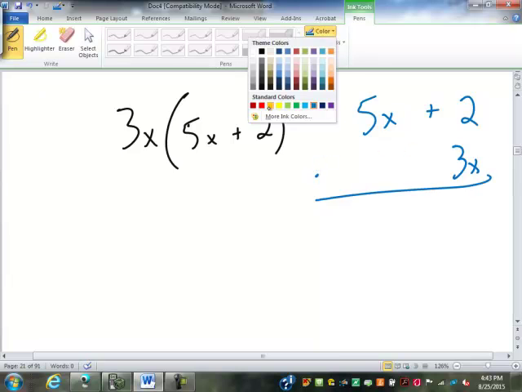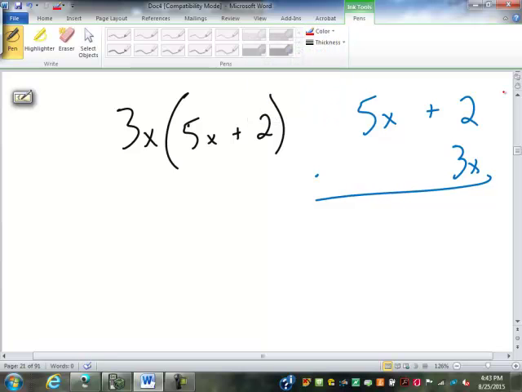No, because when I multiply, I do not need the same name. 3x times 2, 6x. It's positive, so I'm going to put a plus in front of it. So plus 6x. 3x times 5x is 15x squared. X times x is x squared. So you can see here when I wrote out our multiplication before with whole numbers using the place values, this follows the exact same process.